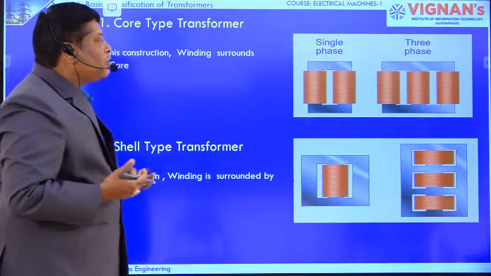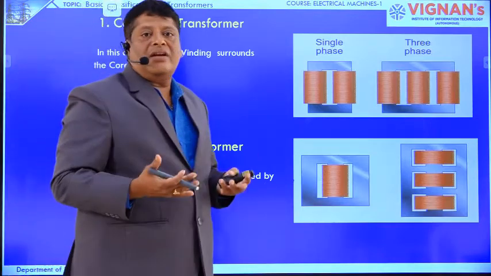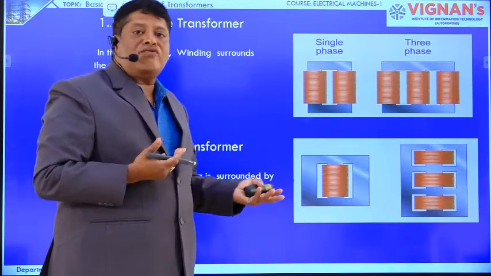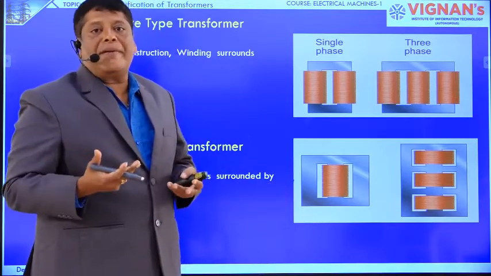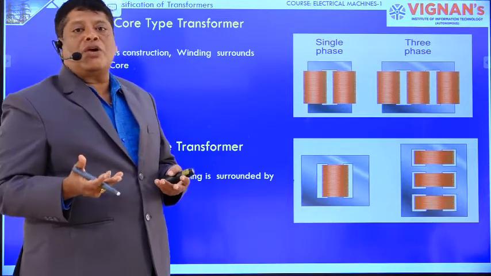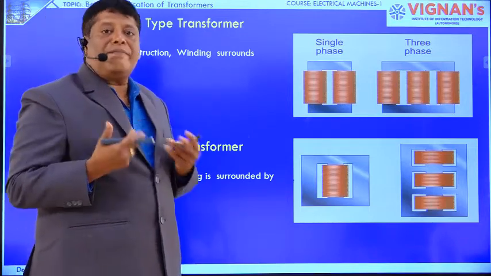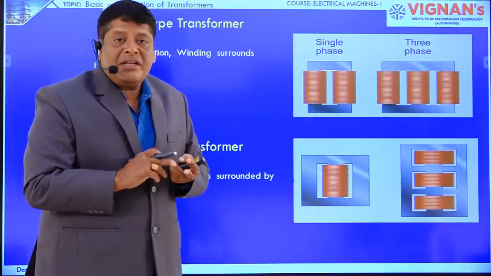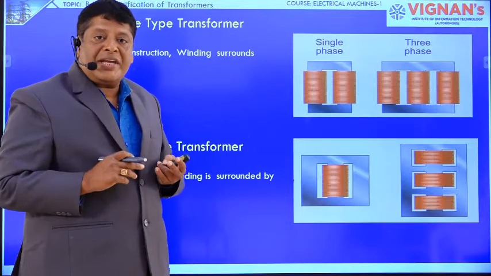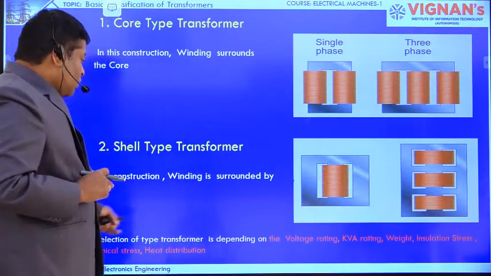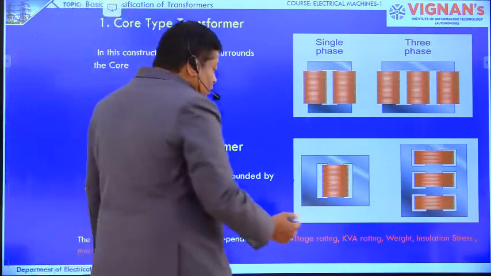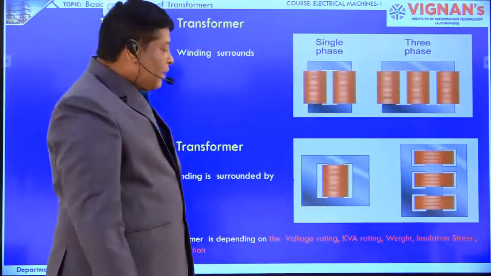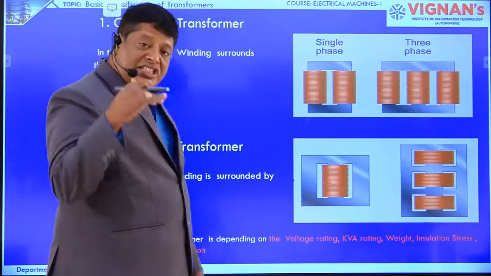Now, how are we going to select a transformer for a given load condition? Whether we can go for the core type transformer or the shell type transformer depends upon different parameters, not only a single parameter. The first is voltage rating, the second is kVA rating, the third is weight of the transformer, and insulation stress.